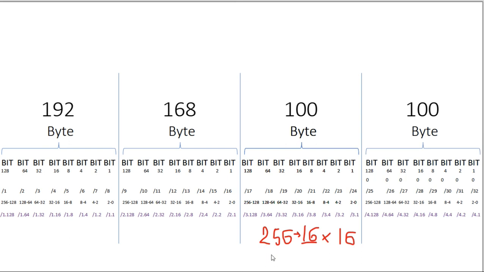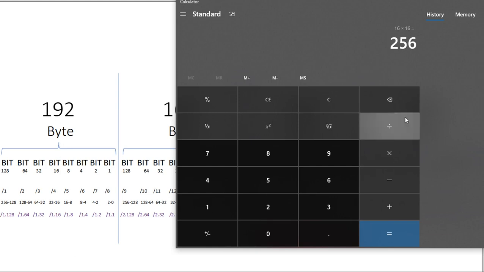You have 16, 32, 48, 64, then 64 plus 16, 80, 96, 112.